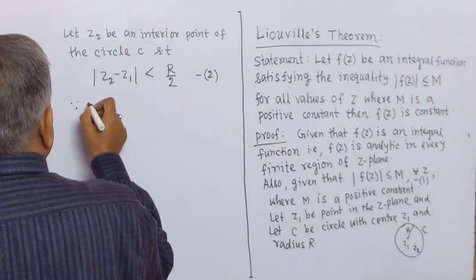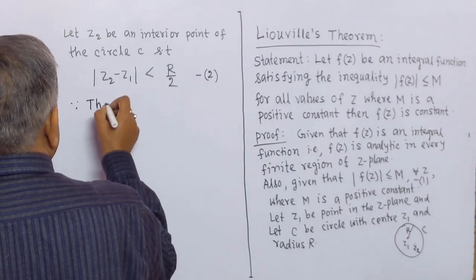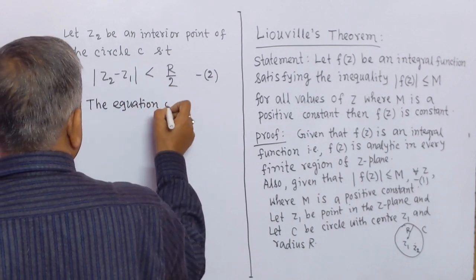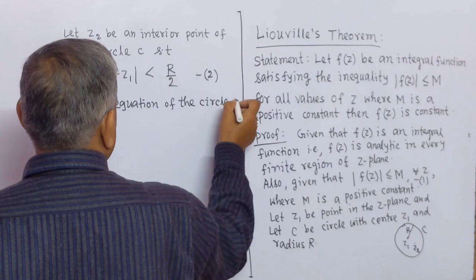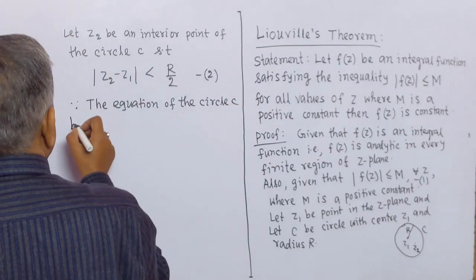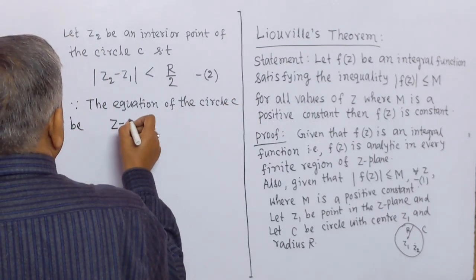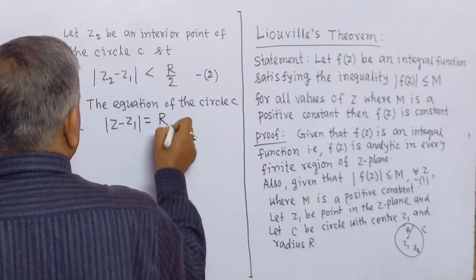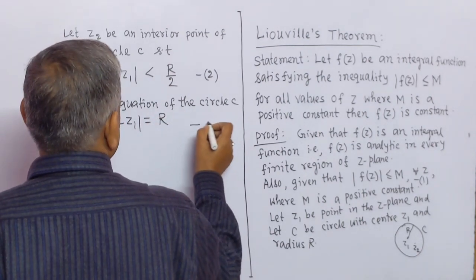Since the equation of the circle C is modulus of z minus z1 equal to r, this is number 3.